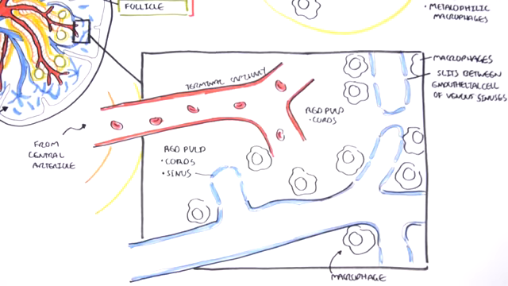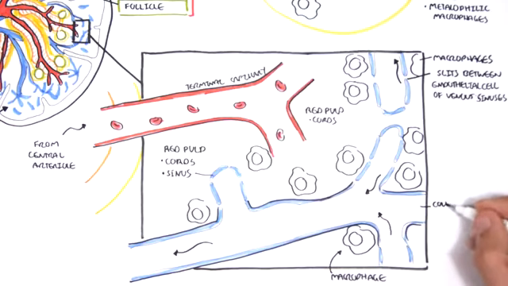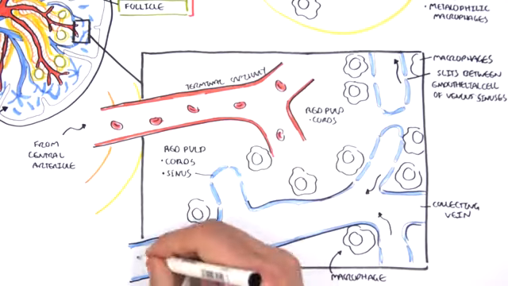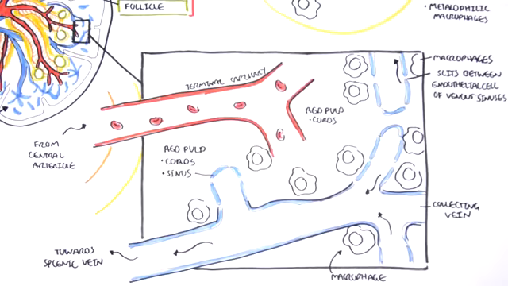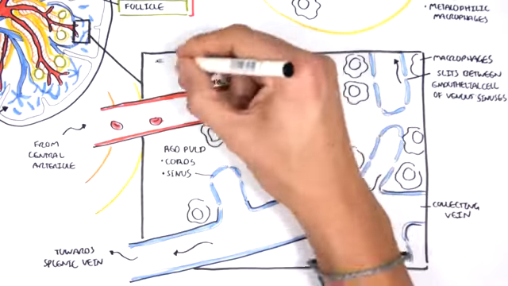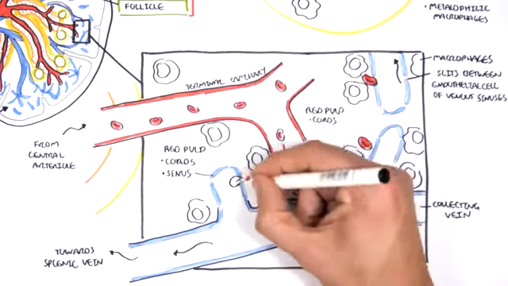When red blood cells move into the venous sinus, they are drained into the collecting veins before draining into the splenic vein. So for example, here we have red blood cells and they are moving into the cords, and then they will try to enter the venous sinus through the slits.